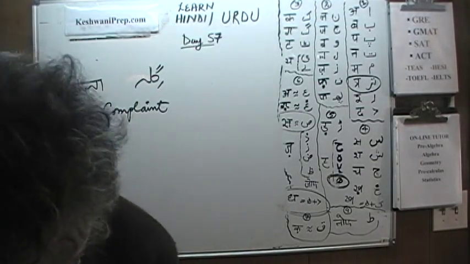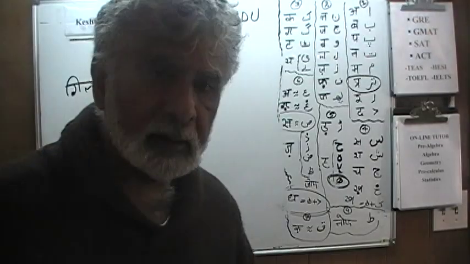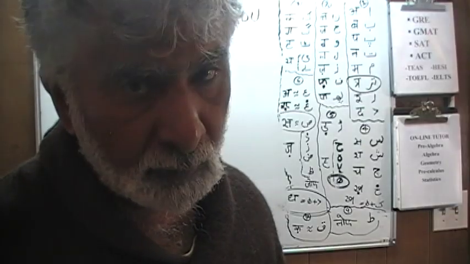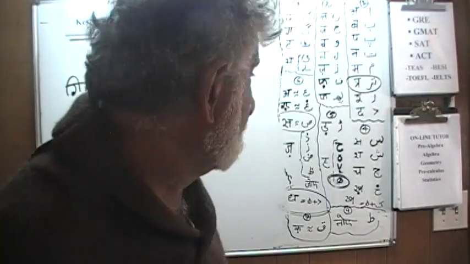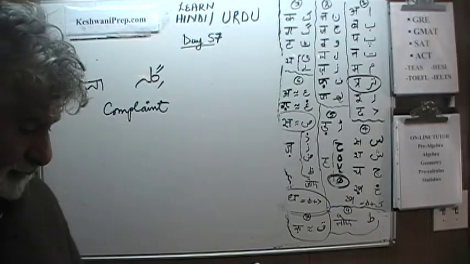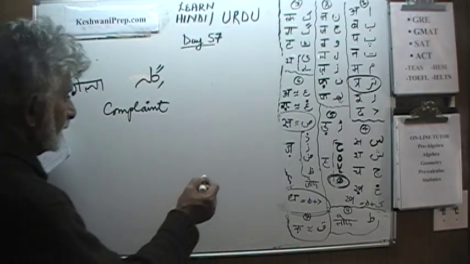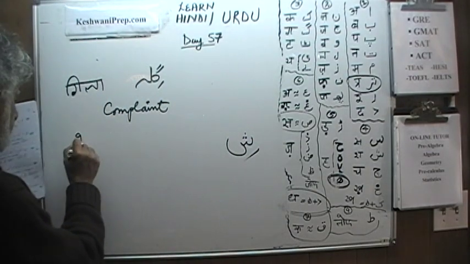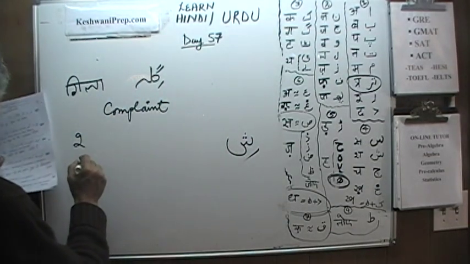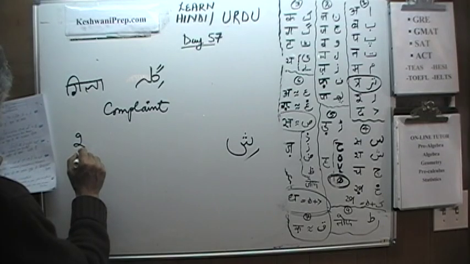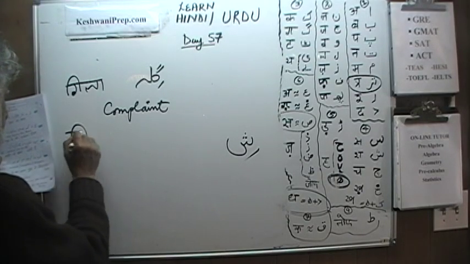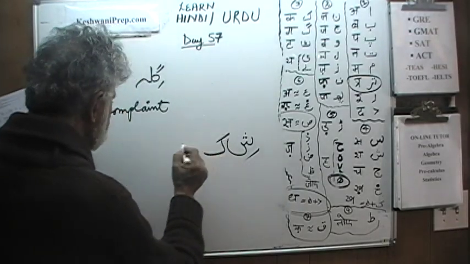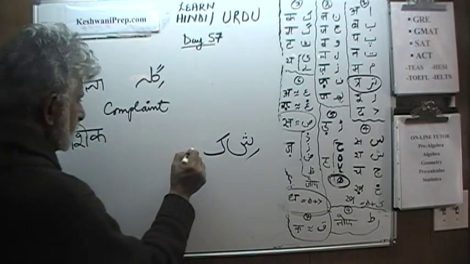Let's learn one more synonym. Not one more, we have not learned any synonym. Let's learn a synonym of gila, complaint. A synonym of gila would be she, chhoti i ki matra, she, ka, wa.